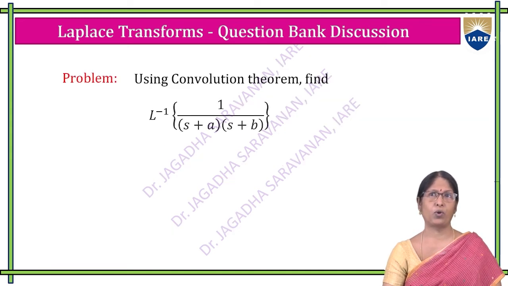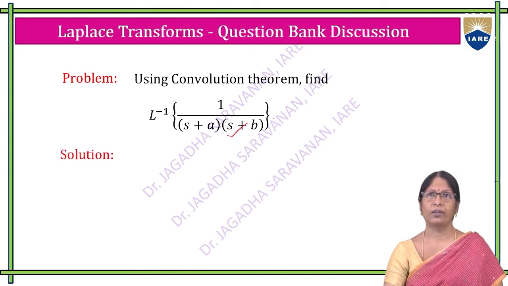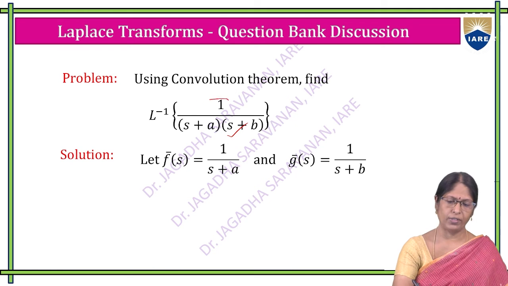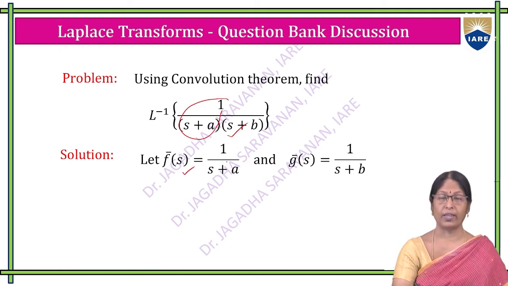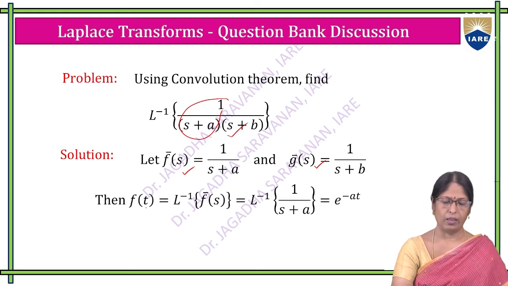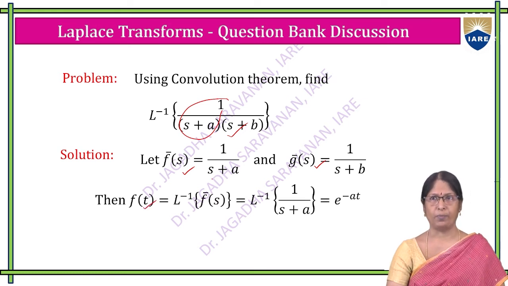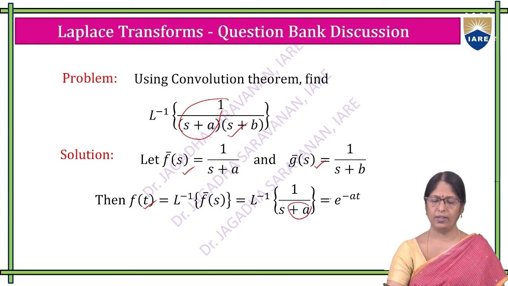So the next problem also: L inverse of 1 by s plus a, we are taking as f bar of s, and 1 by s plus b we are taking as g bar of s. F of t we obtain in a very easy way: e power minus at.